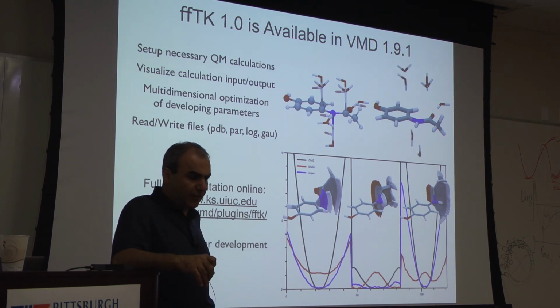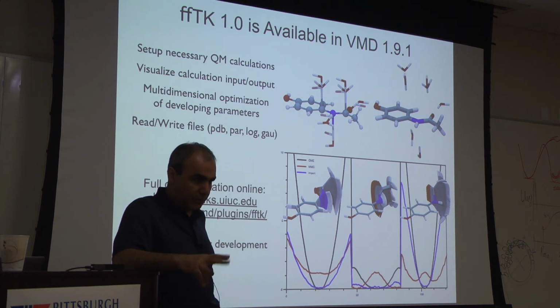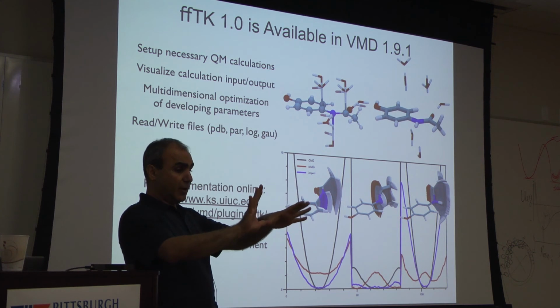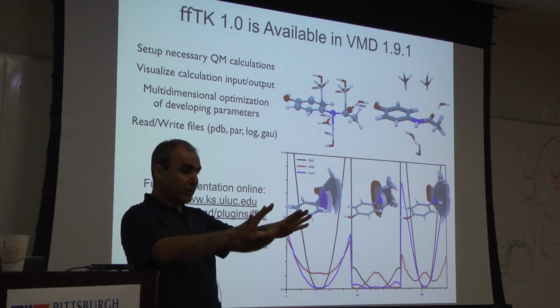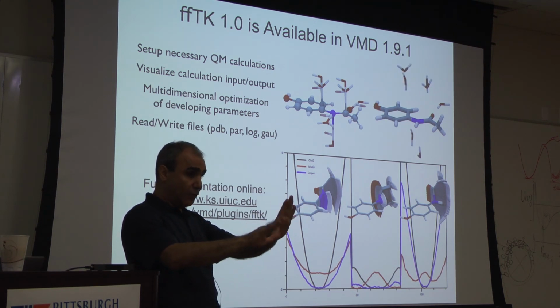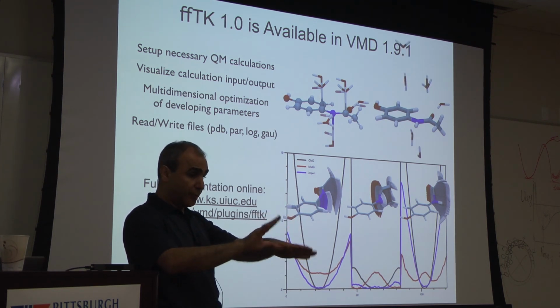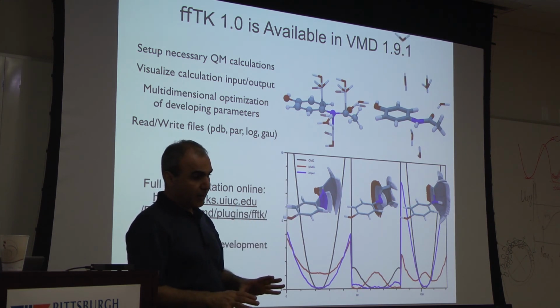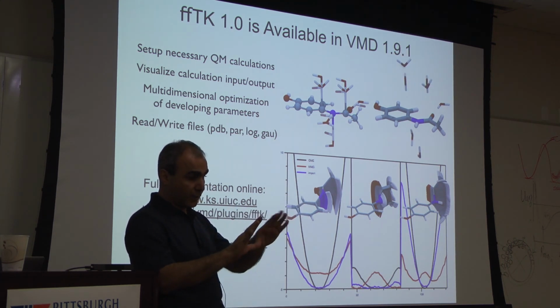I'm just wondering if FFTK can still be useful for you, because there is a coupling between charges and the torsional barrier. When you're rotating a bond, there are electrostatic interactions, so what charges you put in would affect your torsional barrier. Some of the barrier is accounted for by electrostatic interaction.